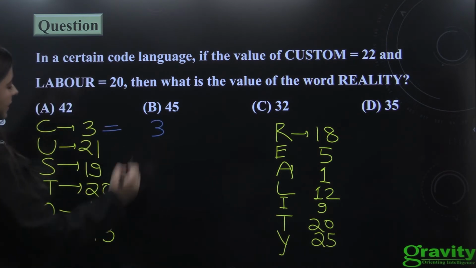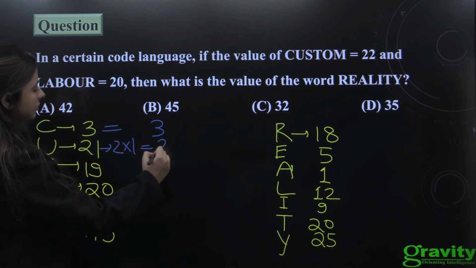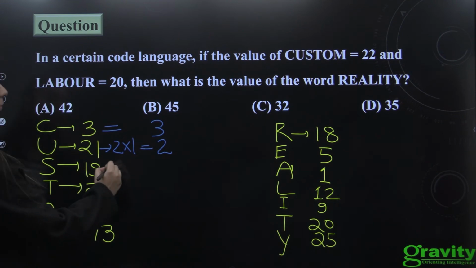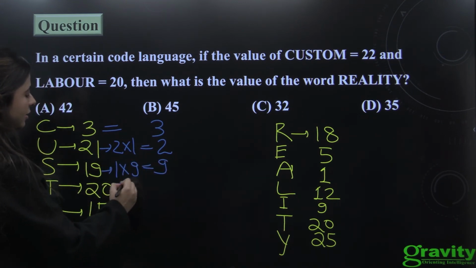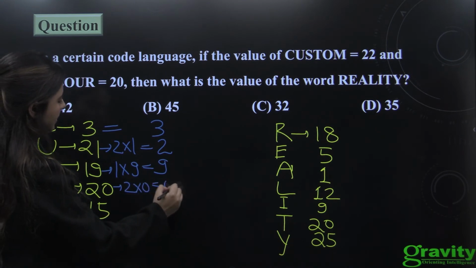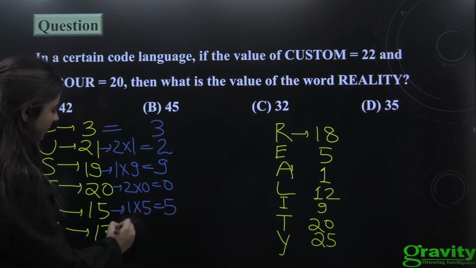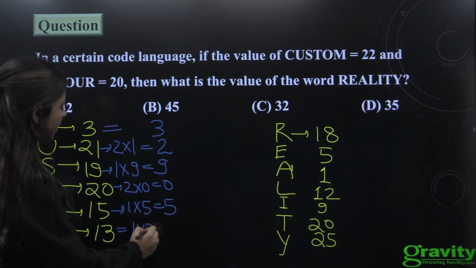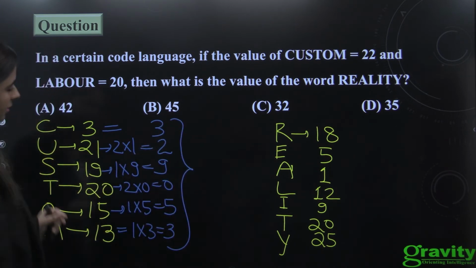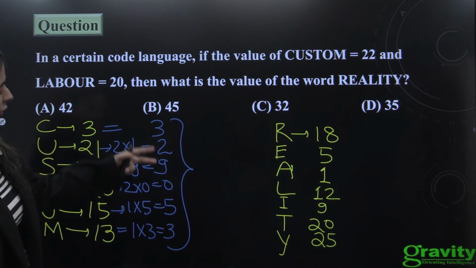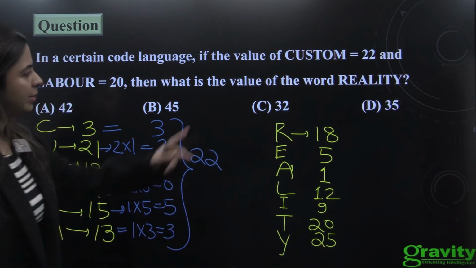Three is 3 itself, 2 is 2 into 1, which is 2, 19 is 1 into 9, which is 9. 2 into 0, which is 0. 1 into 5 is 5 again. 1 into 3 is 3. Add: 5, 14, 19, 22. 22 was our code.